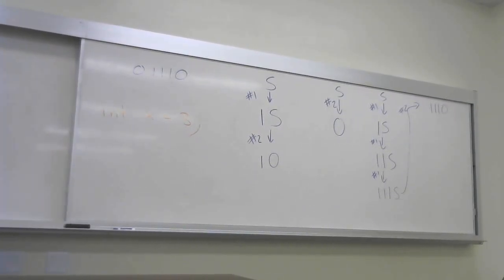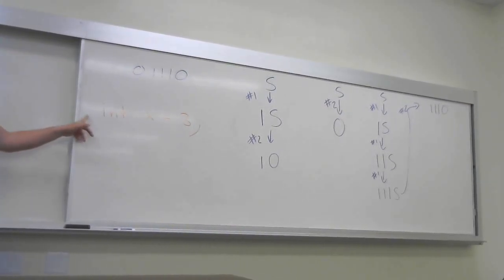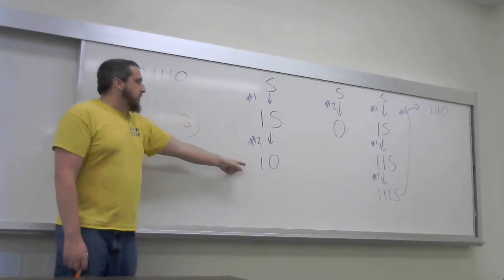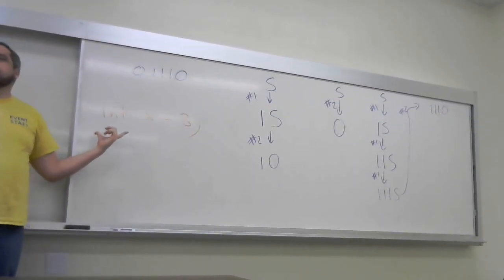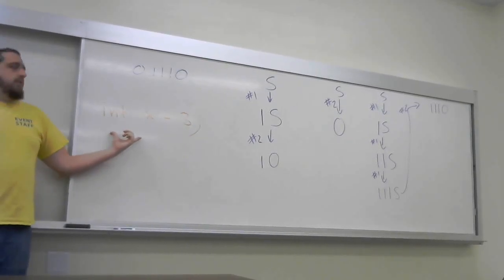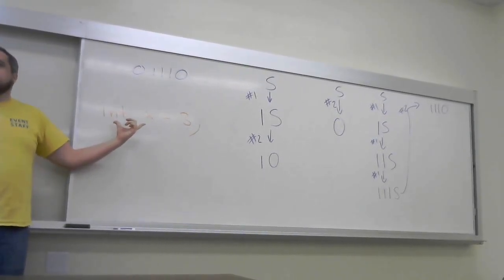I want to validate that that is a correct sentence in C. How do I validate that this is a correct sentence in C? I have to be able to start with a generic C program, say S, apply some rules, and end up with that line of code. Not just a C program, but a sentence in this case. How do I know if that's a valid sentence in C?